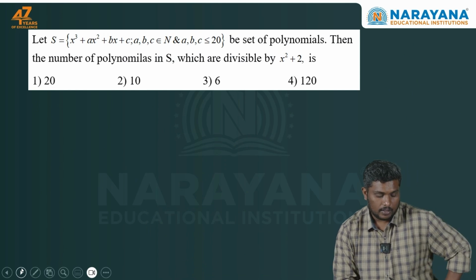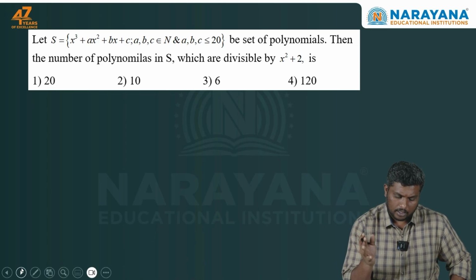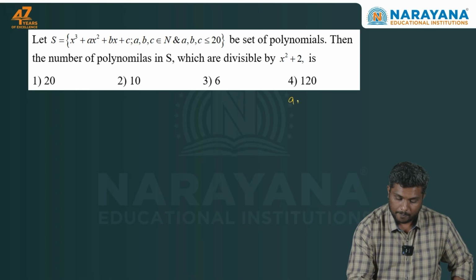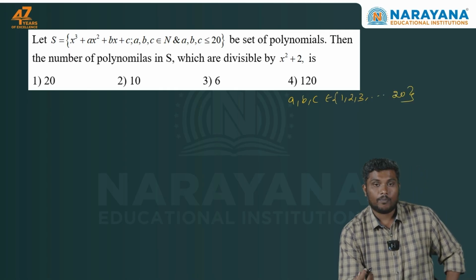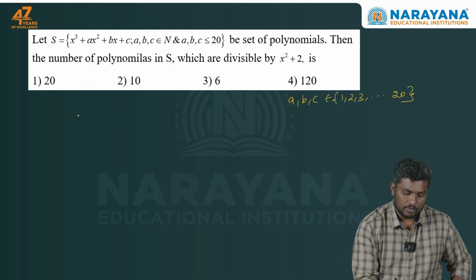Next question guys, cubic polynomial, a, b, c belong to natural numbers, a, b, c are all less than or equal to 20. So a, b, c belong to 1, 2, 3, and so on till 20. Set of polynomials. Then the number of polynomials in set S which are divisible by x square plus 2.